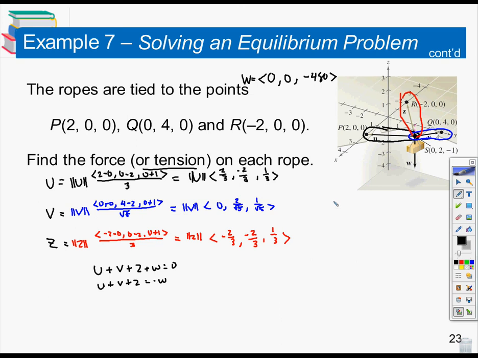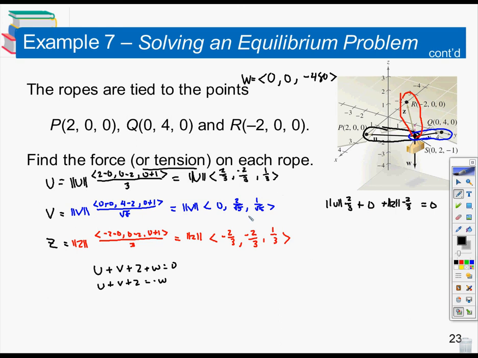So, somehow, the first term, which would be magnitude of U times 2/3, plus the first term of this one, which is a 0, plus the first term of this one, which is the magnitude of Z times negative 2/3. Somehow all of those things have to combine and equal 0.